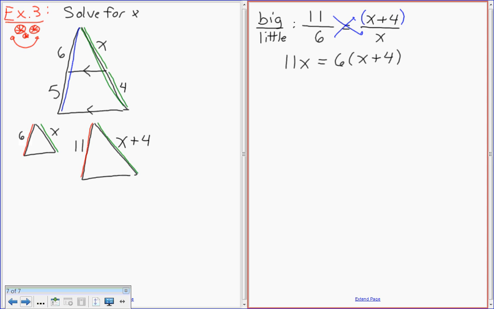Michael, can you please show off your expanding skills? What is 6 times x plus 4, please? Very good. 6x plus 24. Where that came from was 6 times x is 6x. 6 times 4 is 24.